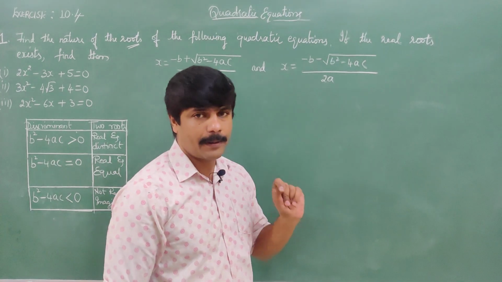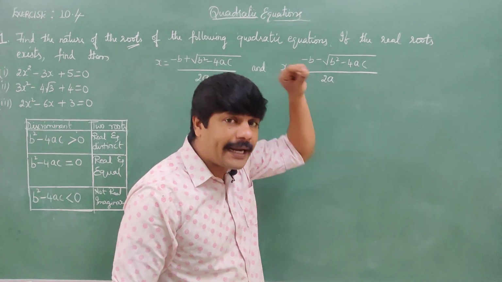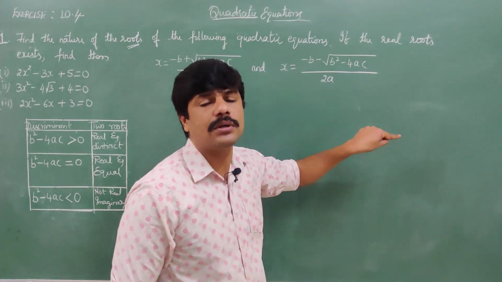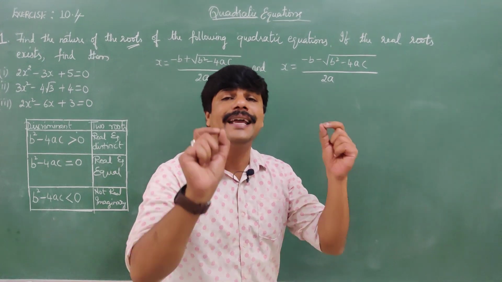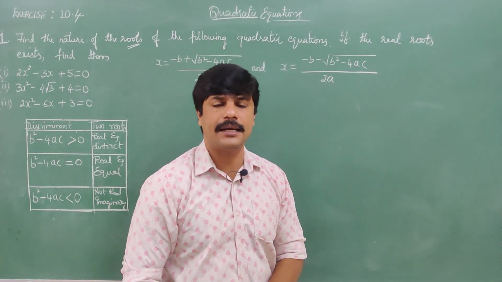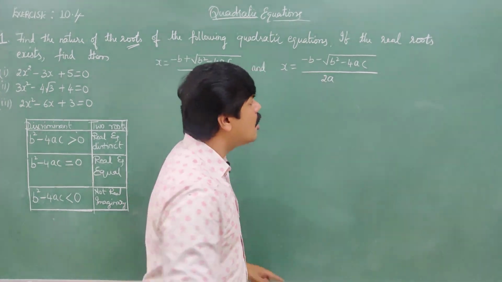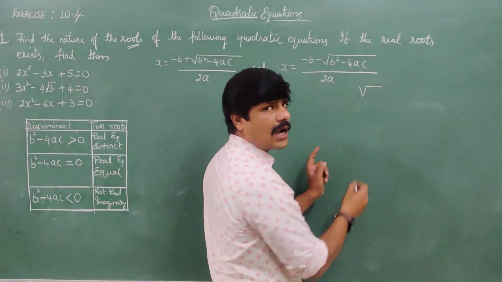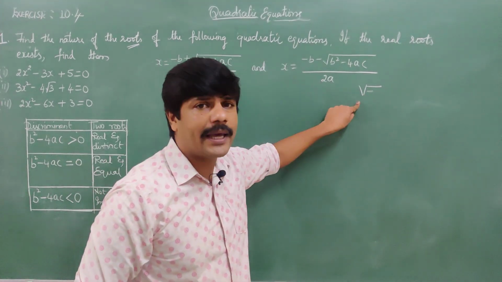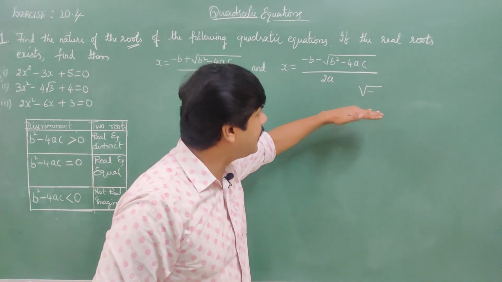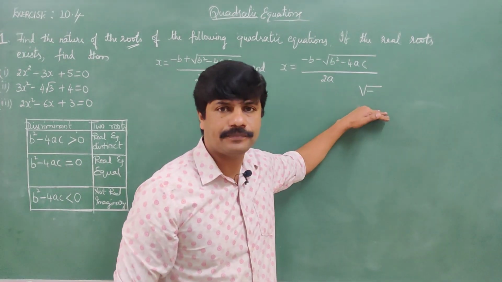If a negative comes inside the root, that is the only thing which is not real. We call it imaginary. Understand? All the numbers become real except for one case, where inside the square root you get a negative value. Inside the square root, if you get a negative value, then it is not real, it is imaginary.